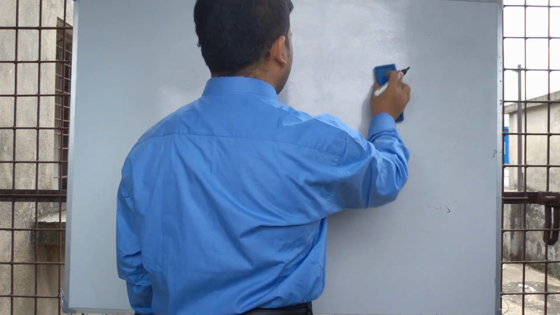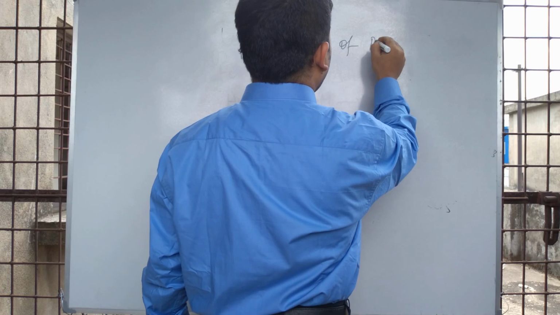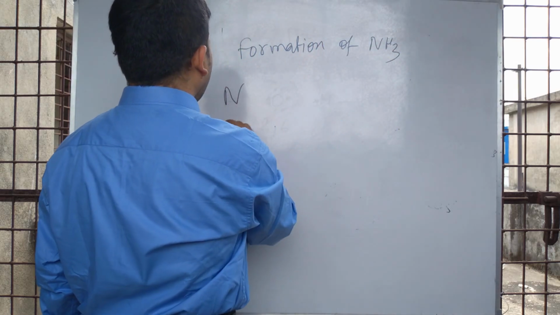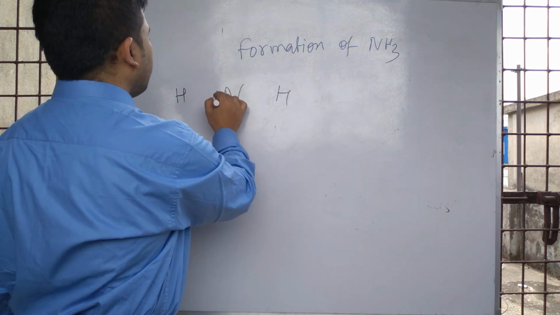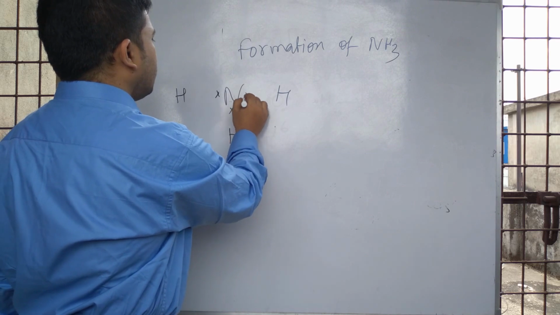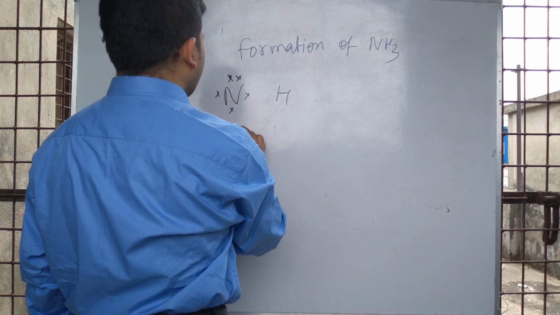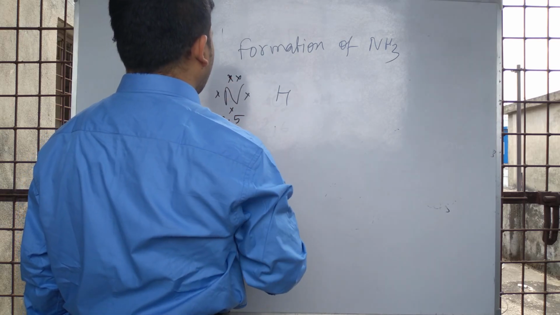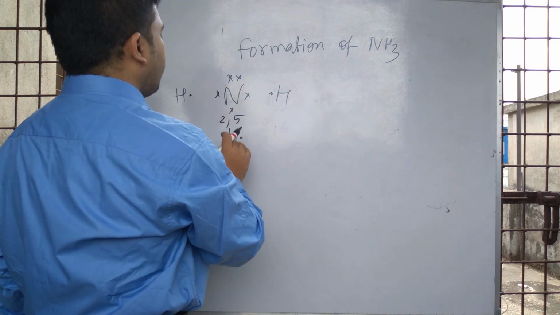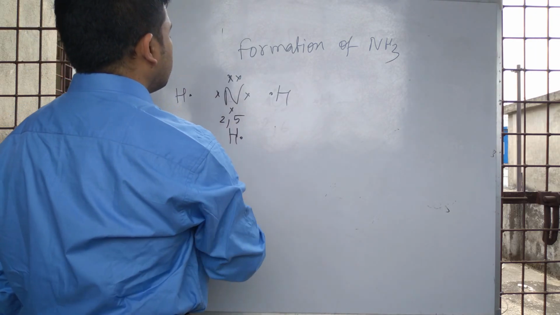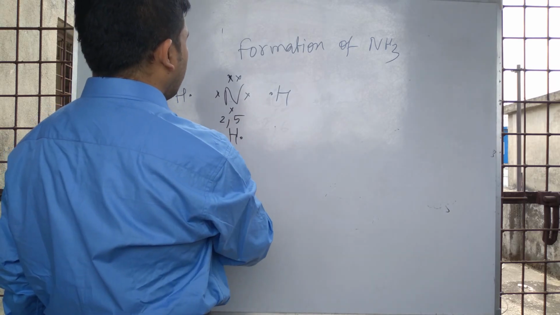Our next example is the formation of the ammonia molecule. In ammonia, nitrogen and hydrogen. Nitrogen has 5 valence electrons because its electronic configuration is 2, 5, and hydrogen has only 1 electron. So hydrogen has the tendency to attain 2 electrons and nitrogen has the tendency to attain 8 electrons in the outermost shell.